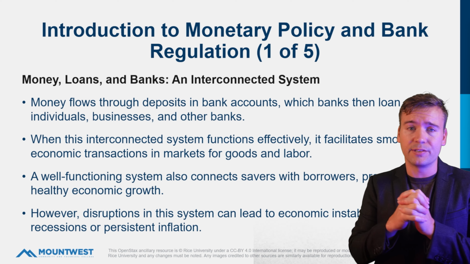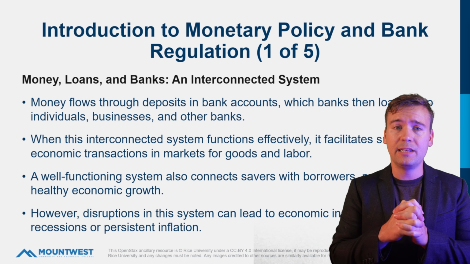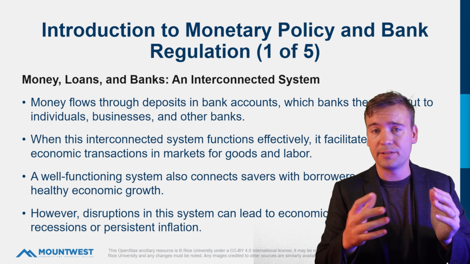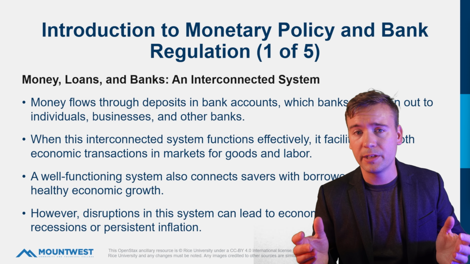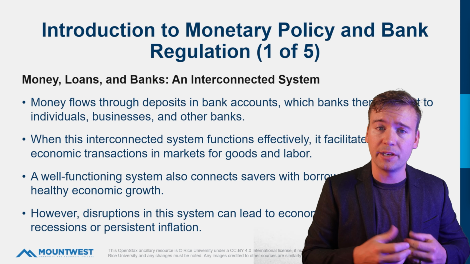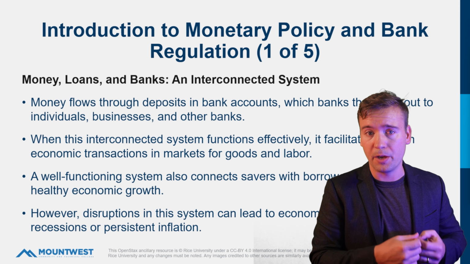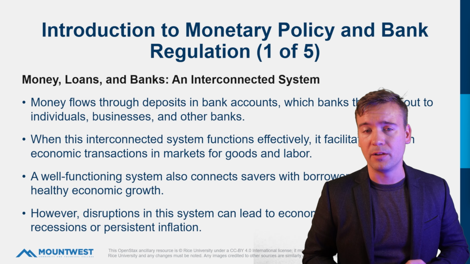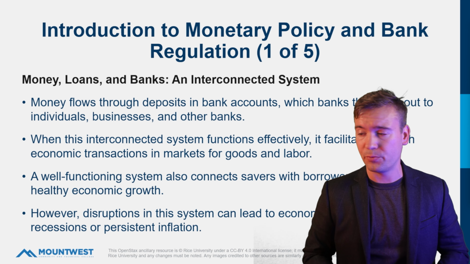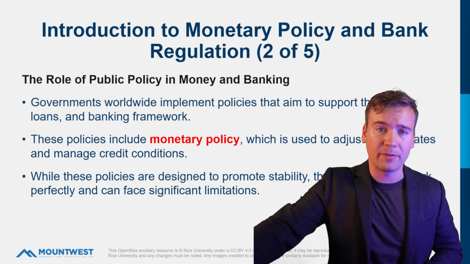Disruptions can cause chaos and instability. If you think about recessions where businesses fail and people lose jobs, or you can consider periods where we have persistent inflation that erodes the value of our savings. We need to understand how monetary policy can help to interact with these macroeconomic factors.